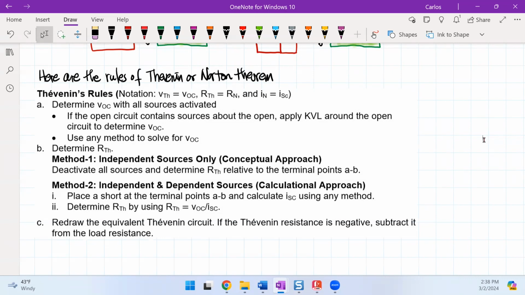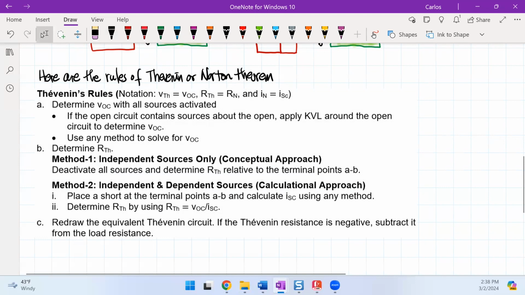Method 2 is the most important one because it includes not only independent but dependent sources. You place a short at the terminal points AB and calculate I short circuit using any method. Then we determine RTH using RTH equal to VOC divided by I short circuit. Then we redraw the Thevenin equivalent circuit and solve the circuit problem.